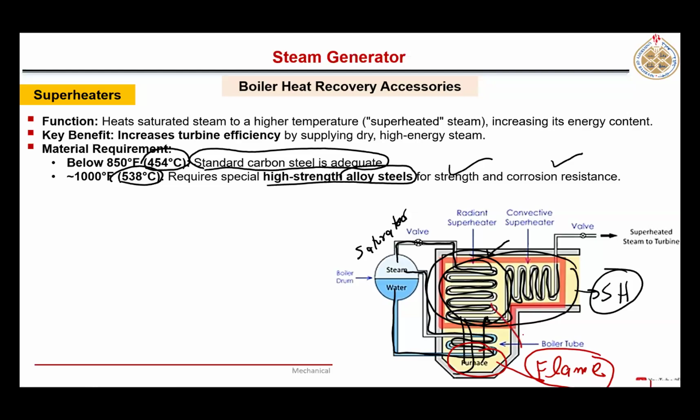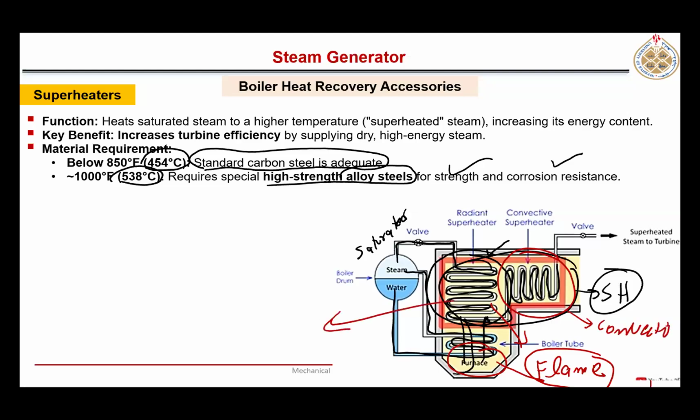So those tubes which are very near to that flame, here the heat transfer will be mainly by radiation, right? And those tubes which are a little away from that flame, here convection is more dominant, convection heat transfer.